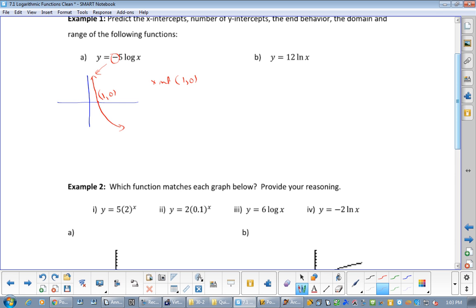What is the y-int? None. What is the end behavior? 1 to 4. What's the domain? X is greater than 0. What's the range? Y's in the reals.